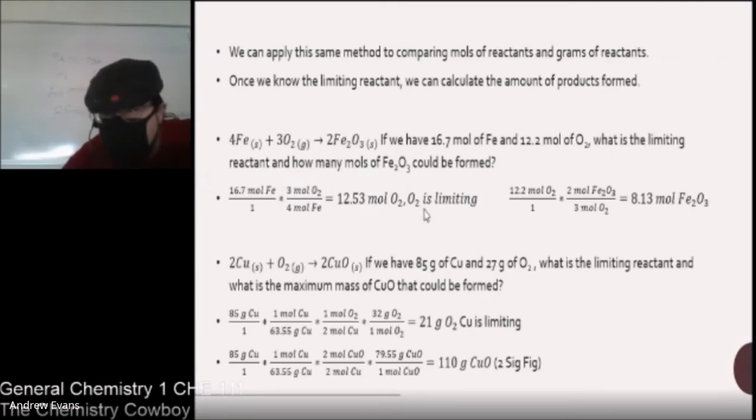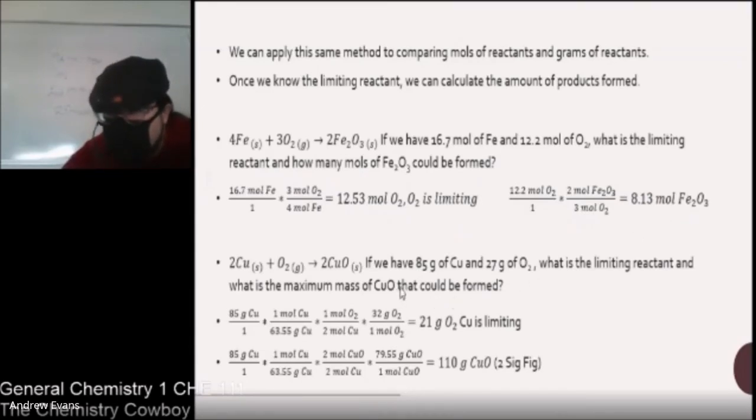So that means 12.53 versus 12.2. Oxygen is limiting. With that in mind, calculating how much iron oxide I could form, 12.2 divided by 3 times 2 gives us 8.13 moles of rust.